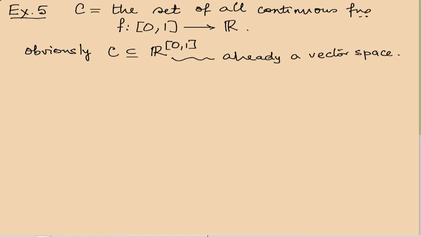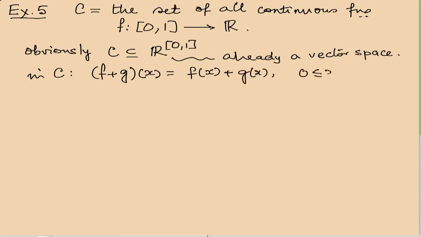So what will be the vector addition in C? In C, we utilize the vector addition and scalar multiplication of this bigger vector space. So f plus g is exactly the pointwise sum as we had earlier, and lambda times f at x is lambda times f(x).